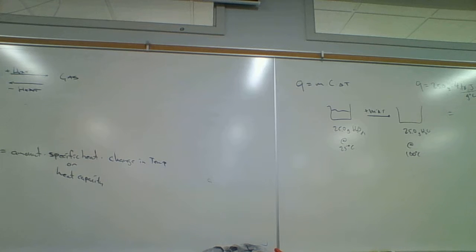I have 25 times 4.18 times 75, and it's going to take us 7,837.5 joules, or 7.84 kilojoules. And so we're going to need 7.84 kilojoules worth of heat to warm up this water.